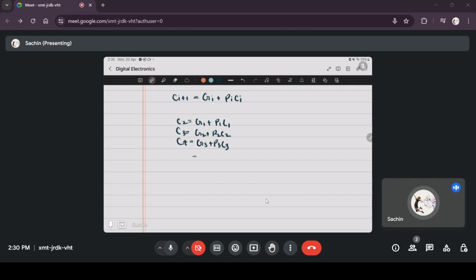Then substitute for C3 in C4: C4 is G3 plus P3 into G2 plus P2 C2. You get G3 plus G2 P3 plus P3 P2 C2.